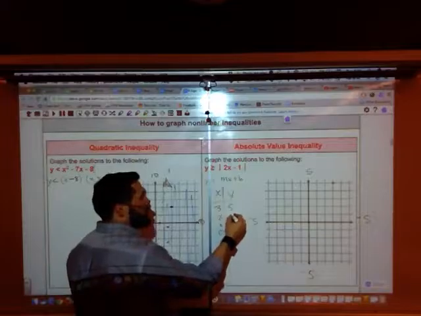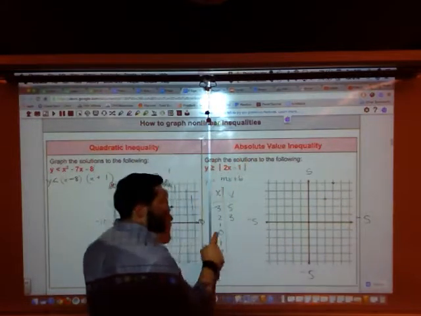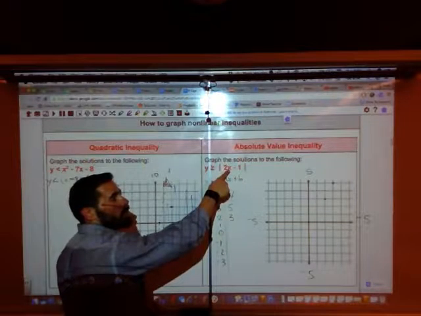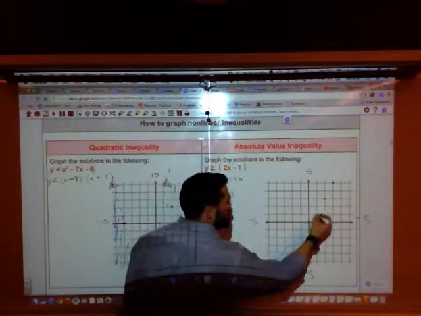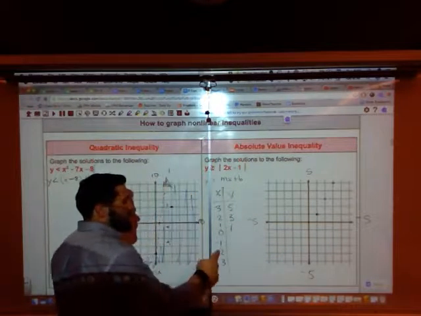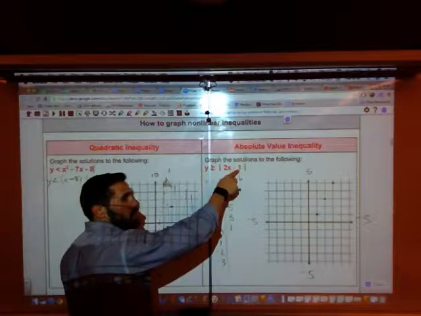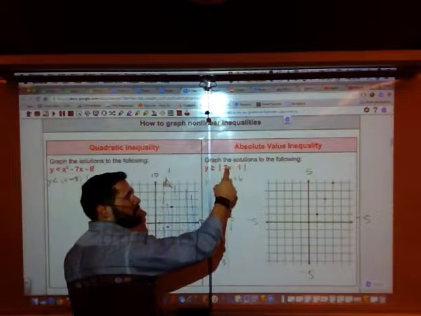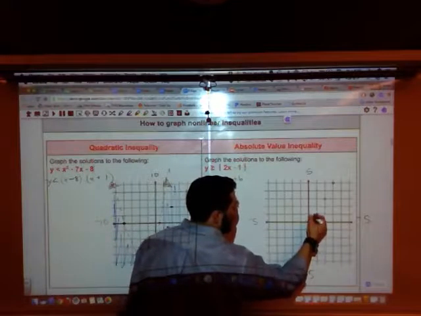The absolute value of 3 is 3. With 1, 2 times 1 is 2, minus 1 is 1. The absolute value of 1 is 1. And then put a 0 in there, you get minus 1. The absolute value of negative 1 is a positive 1. So I get 0, 1.